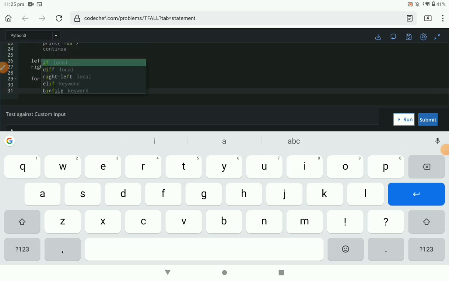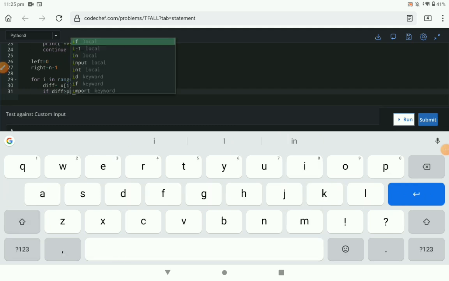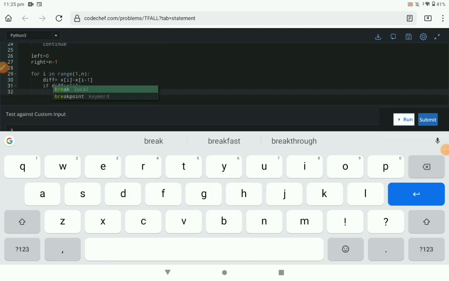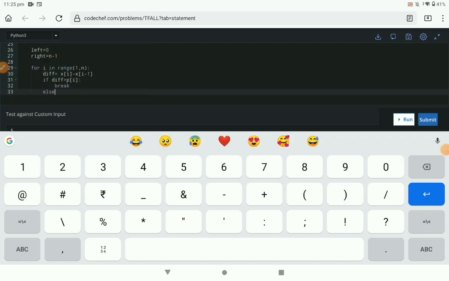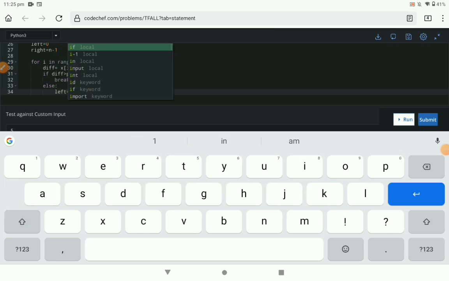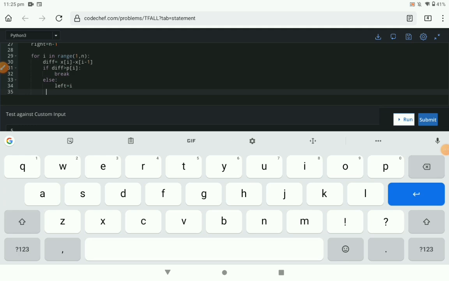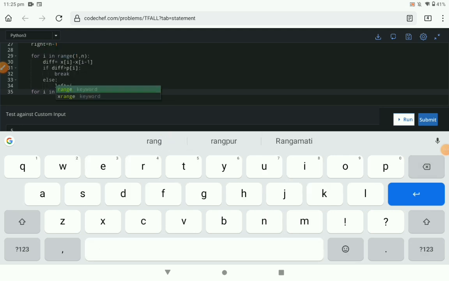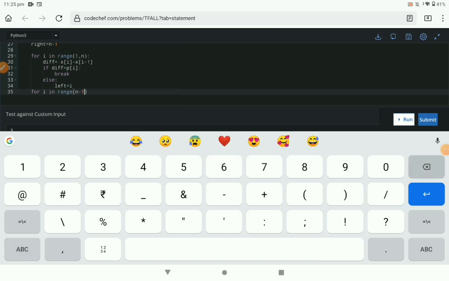Now if the difference is greater than p of i, we will just break, and again left equals to. Then we will run again a reverse for loop for i in range n minus 1.